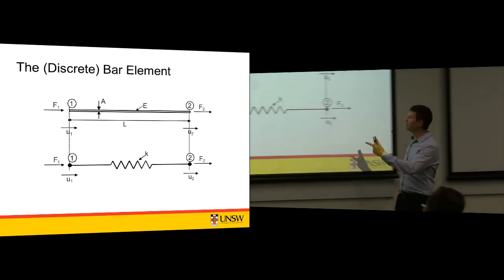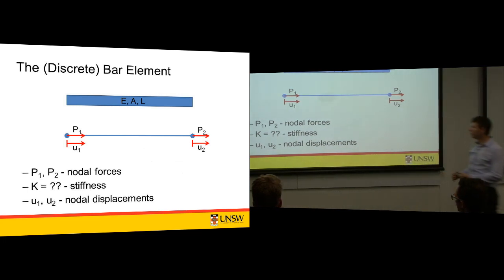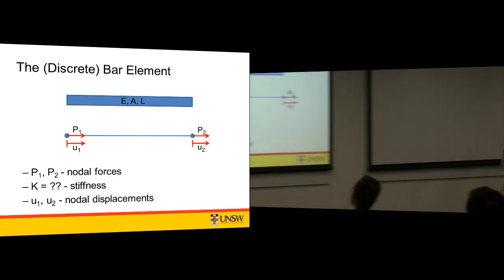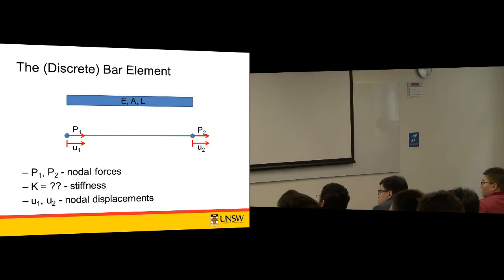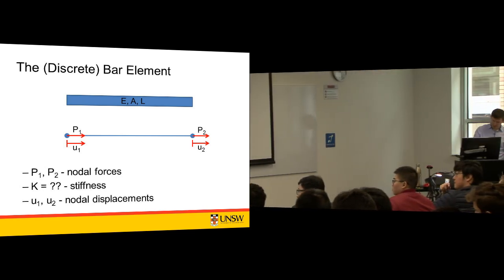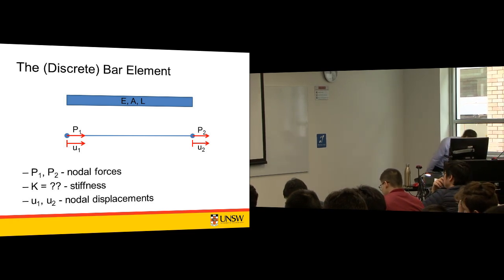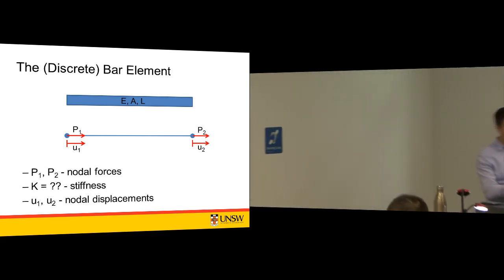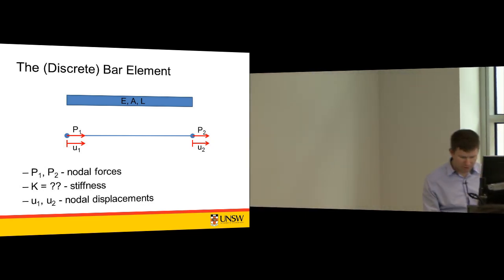It has some length, it has some Young's modulus, and it has some area. We've got forces, mentioned here as P. Forces can be P or F, either is fine. And the question is, what's the stiffness K, and how does it relate to the nodal displacements?